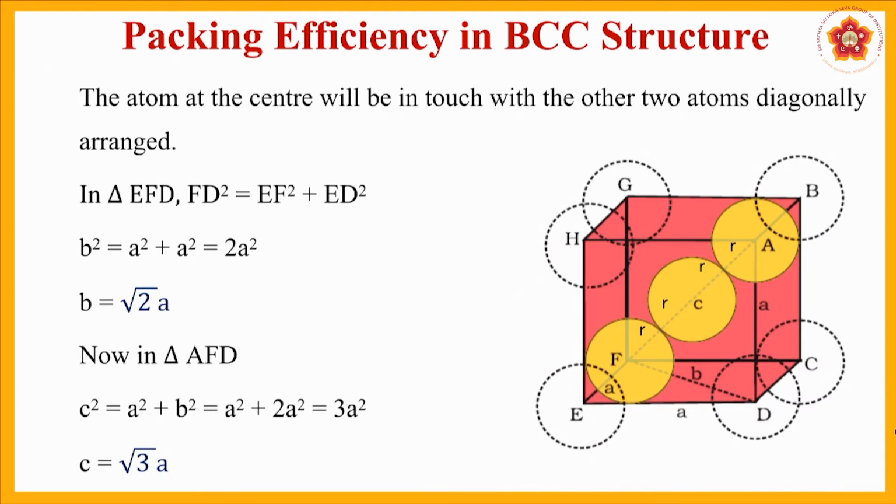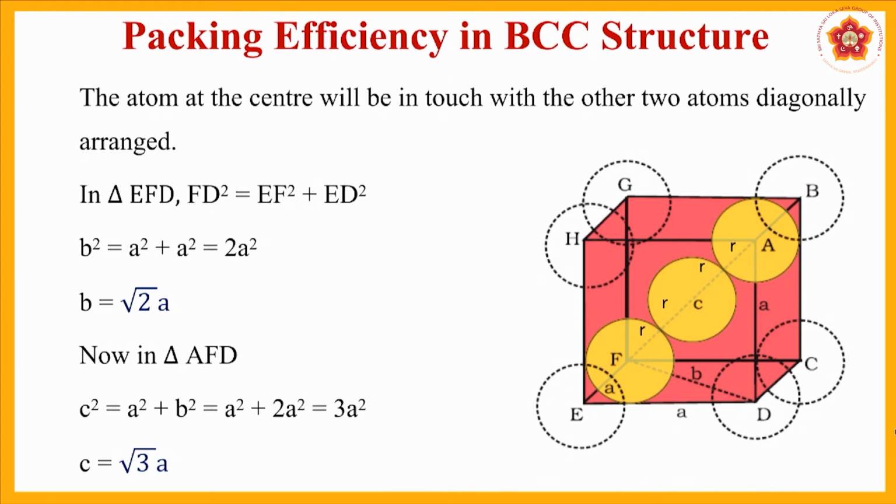Now consider triangle AFD. In triangle AFD, AF square is equal to FD square plus AD square. So C square is equal to A square plus B square, A square as it is, and we know the value of B from the previous case, that is root 2A.